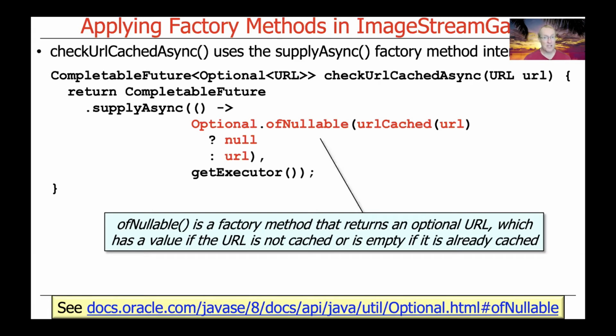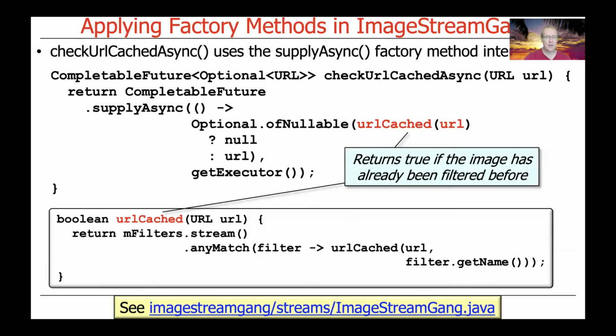And if the URL is cached, if that method returns true, then you can see here we're going to give it a null, meaning that we're going to ignore it. Otherwise, we're going to give it the URL. And ofNullable is a factory method on optional, which creates an optional, which is either going to have a value present if the image was not cached, or if the image was previously cached, it'll have a null value. So it'll be an empty optional. So that's what we're doing here. We're using optional to keep track of whether something's been cached previously.